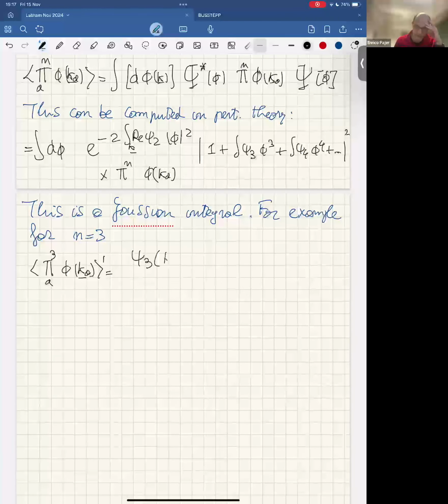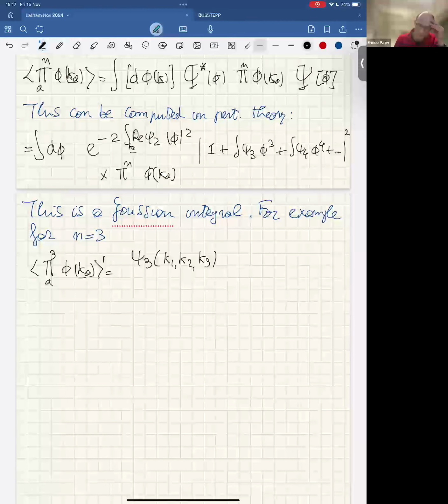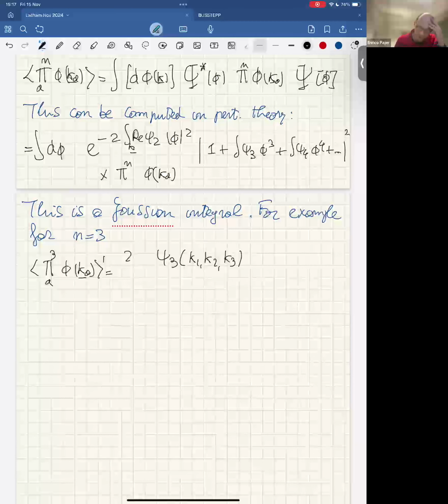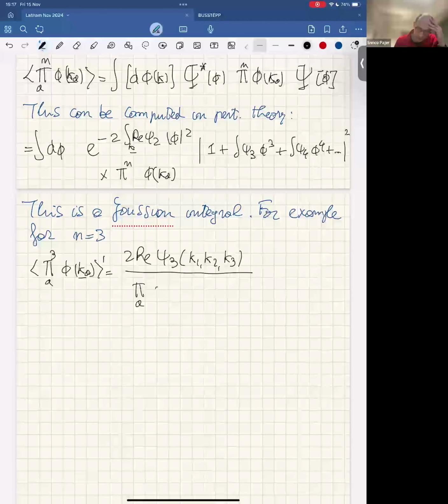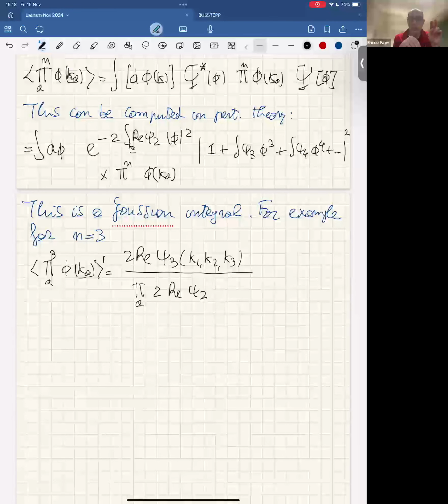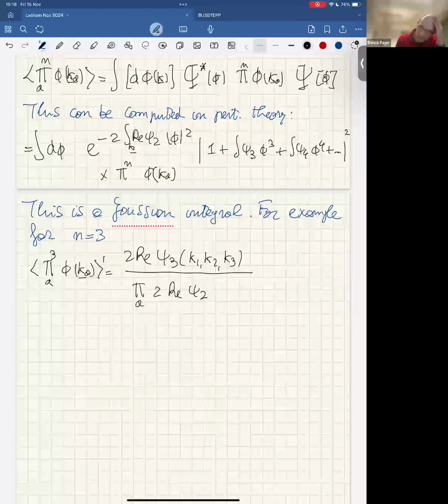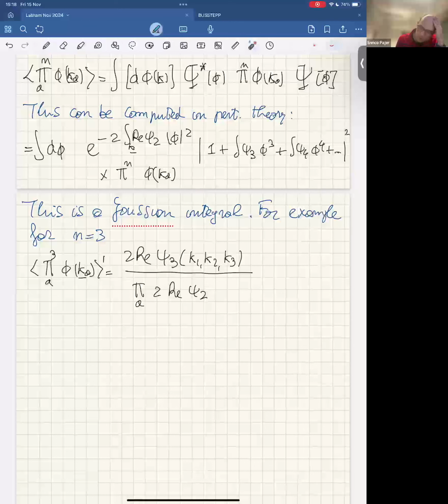This gives just psi 3 of k1, k2, k3 plus, well, let me write, 2 times the real part of this divided by the product over a of 2 times the real part of psi 2, just because every time I do a Gaussian integral, I get 1 over the 2-point function, and the psi 3 is just what came out to lowest order.